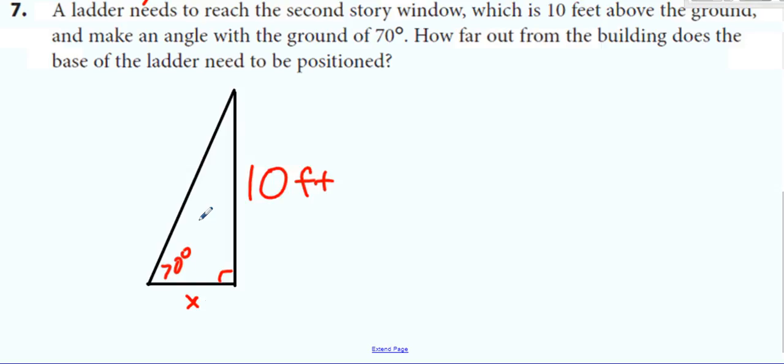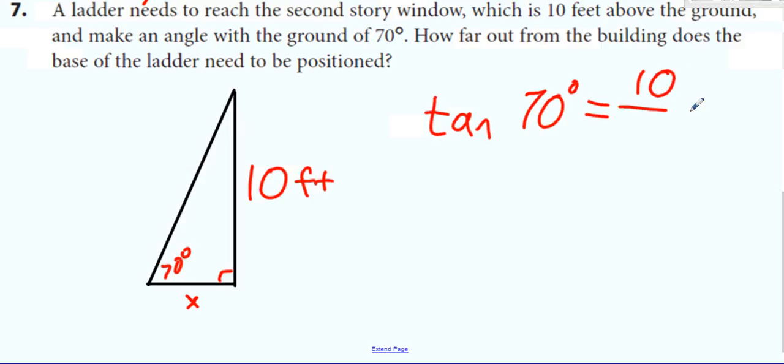When you go to solve it, we're going to write our ratio. So we have our angle here, opposite and adjacent. So we're writing tangent 70 degrees equals the opposite side, 10, over the adjacent side, x.